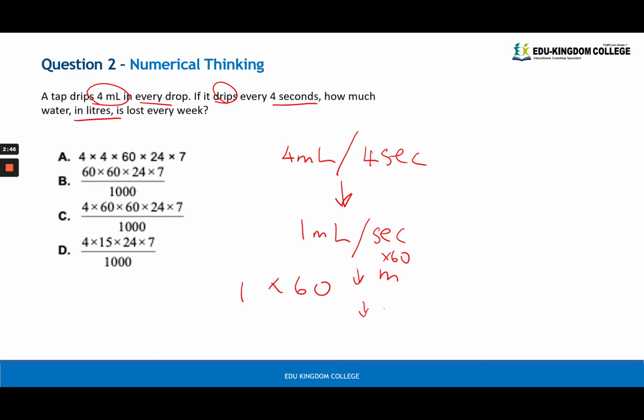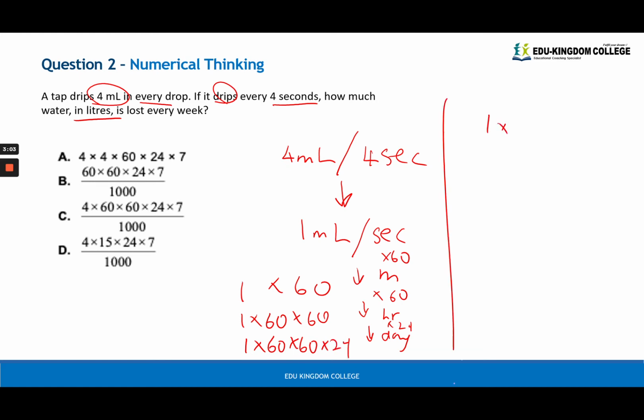And then for an hour, times what? 60 again, right? 1 times 60 times 60. And then for a day, 24, right? Times 24. 1 times 60 times 60 times 24. Okay, and then in every week we have 7 days.